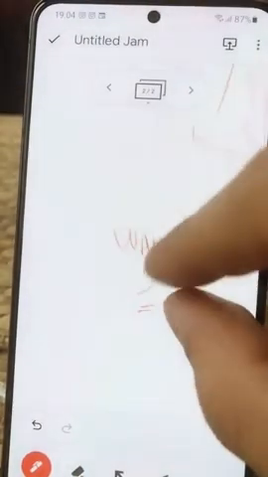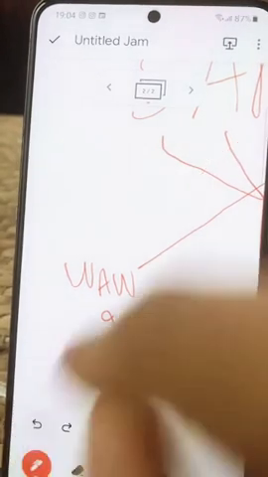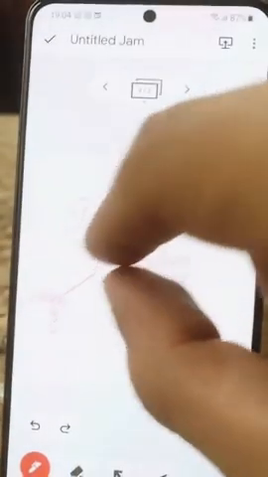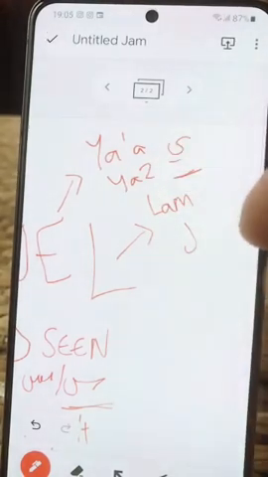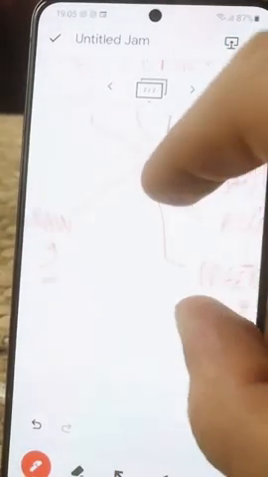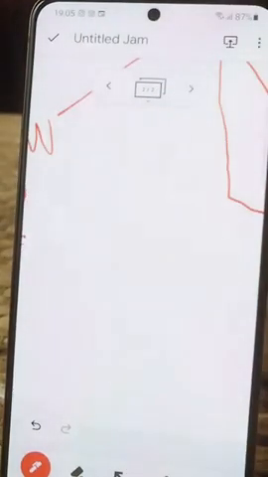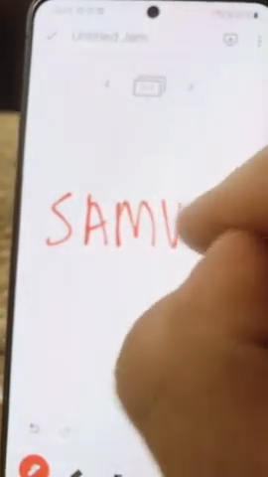So Samuel, it becomes Sin, Aleph, Mim, Waw. Here I forgot to mention something.